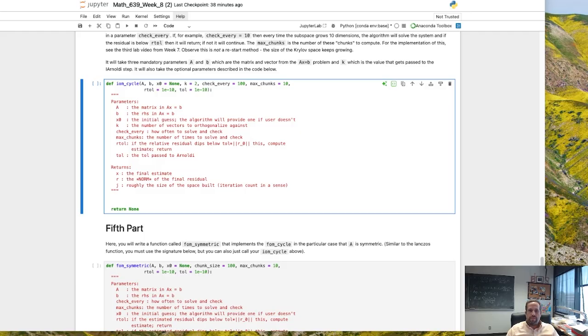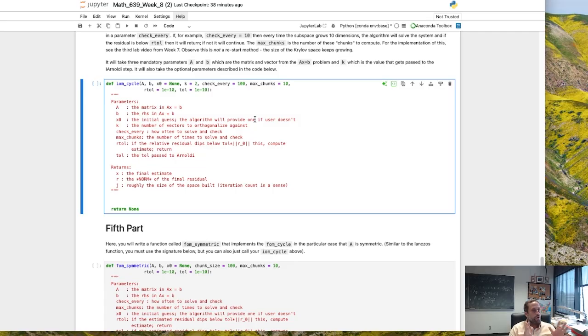If you look at one of the videos that I did last week, for the main lab, I didn't do this cycle with the check every and the max chunks. But in the third lab video I made last week, I showed you how to modify this so you have this check every and max chunks. If you didn't watch that video, I'll just explain what's happening now, and then you can go and watch it. Otherwise, I'm just going to copy and paste my code from the previous one.